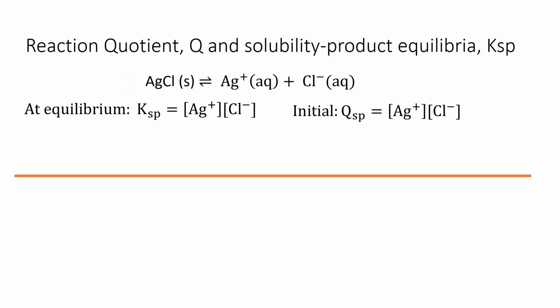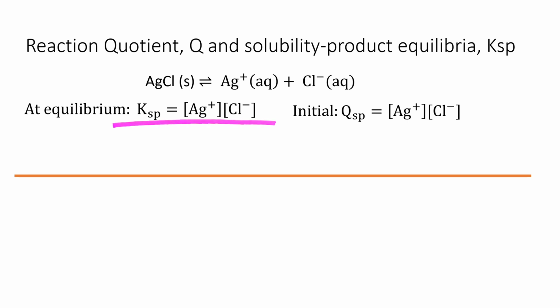When the system is at equilibrium, the solubility product expression Ksp could be written as the multiplication of the concentration of the silver ion with the concentration of the chloride ion. The reaction quotient expression can also be written for this dissociation equation, and it is the same as the solubility product expression.